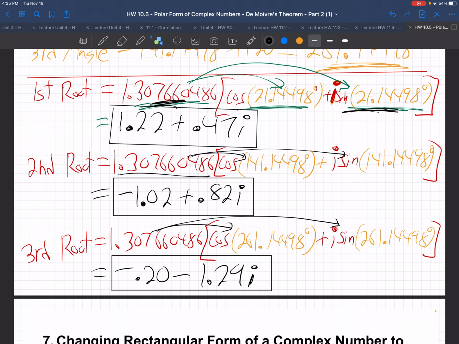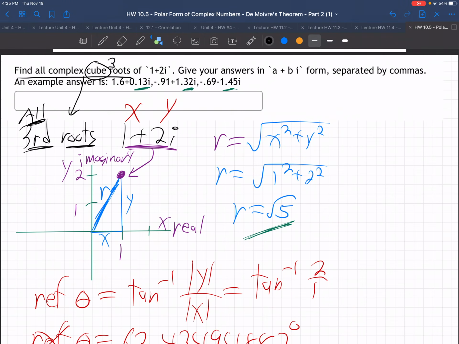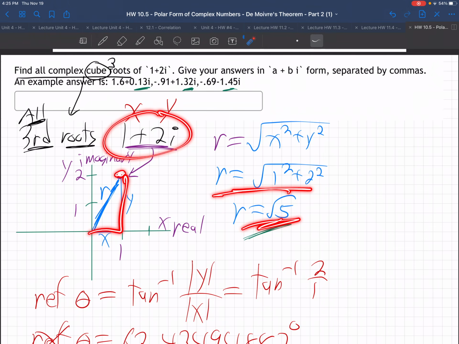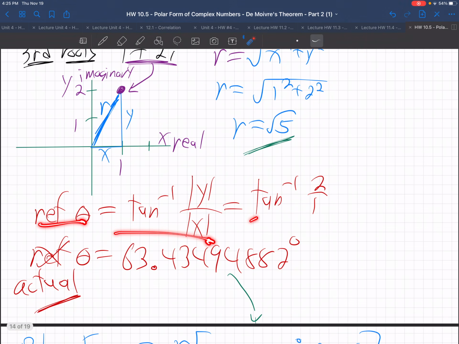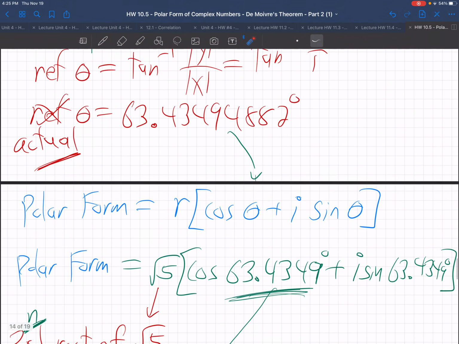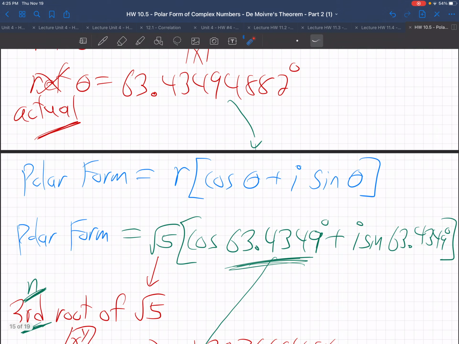That was a lot of work, wasn't it? So what do we do? Recapping. We started with this complex number in rectangular form. We graphed it, found its r, square root of 5, by the Pythagorean theorem, and then found its angle. The reference angle is tangent inverse, y over x. Since it's in the first quadrant, that is the actual angle. Then we went to polar form, r cosine theta plus I sine theta, where r is root 5.